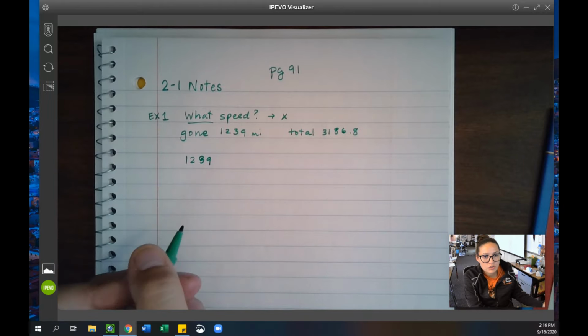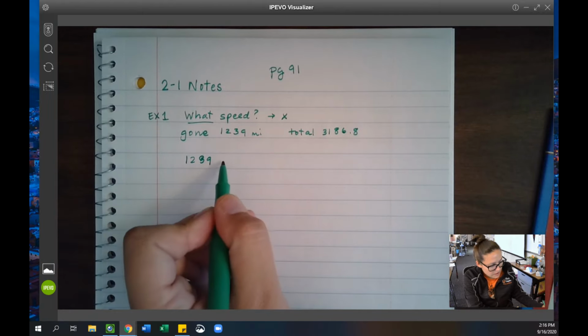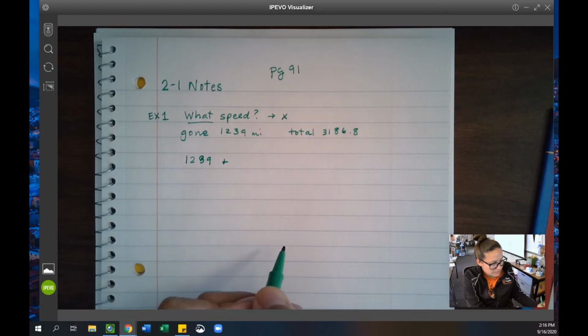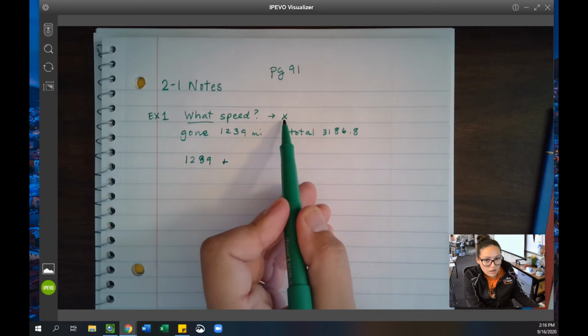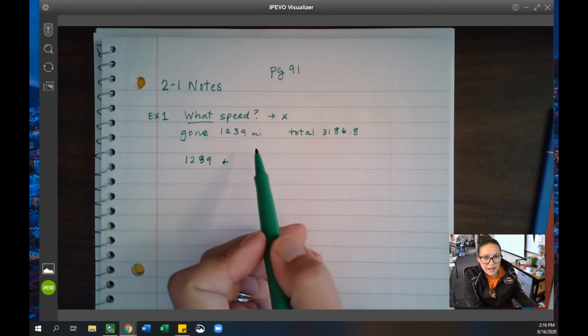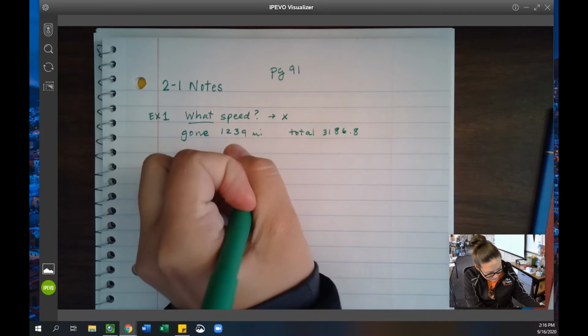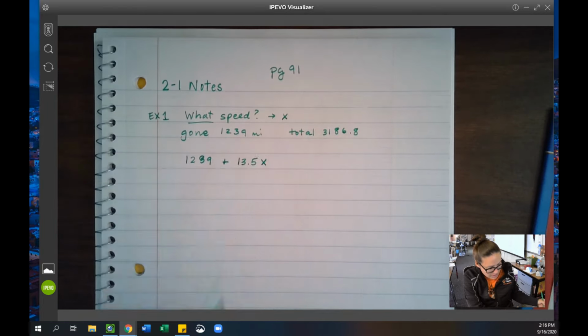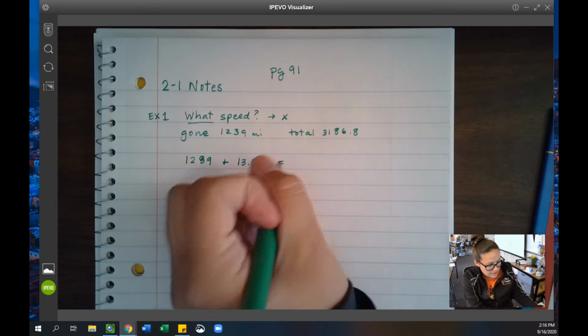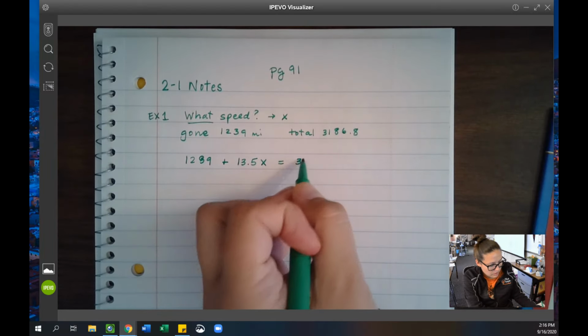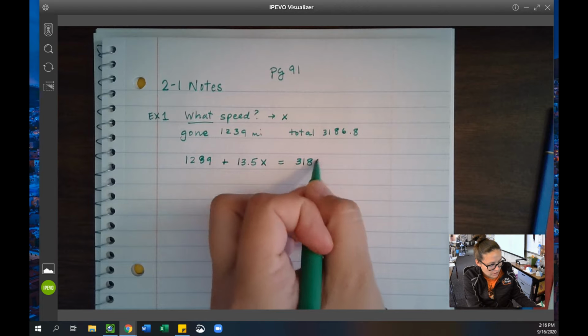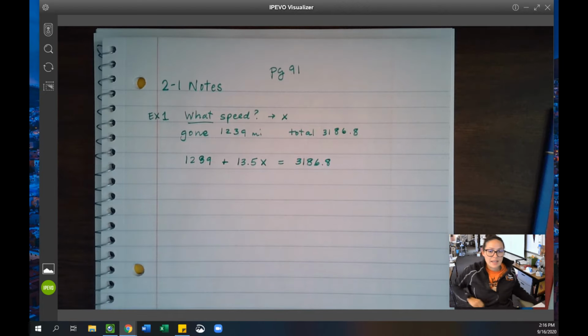Okay, so they've gone 1,239 miles plus we have 13.5 hours times their speed to get to a total of 3,186.8 miles.